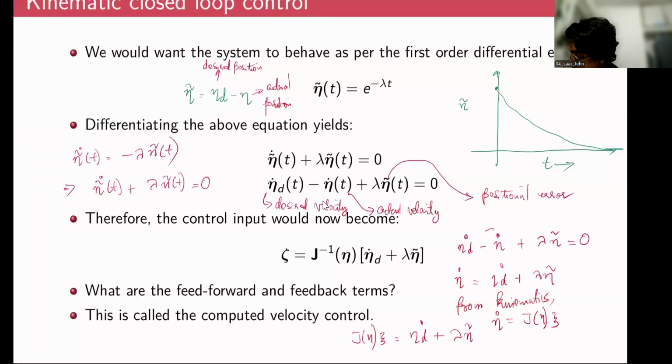In this case, this should be the control input, right? This relates very closely with the actuators, the inputs to the motors. So from here, theta would be j of eta inverse times eta desired dot plus lambda eta tilde. So this would be the control input. This is how a closed loop control input would look.